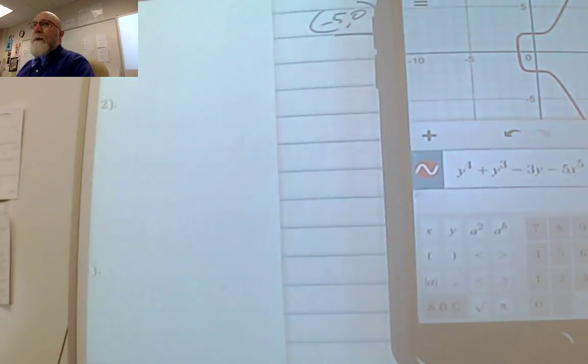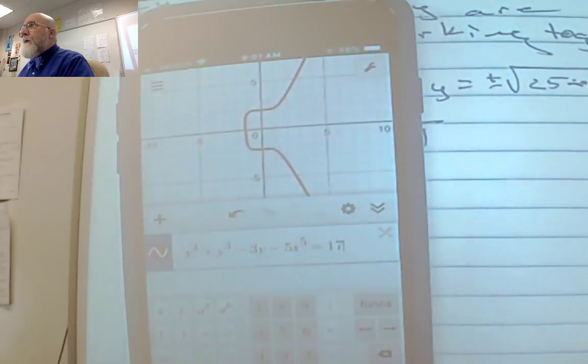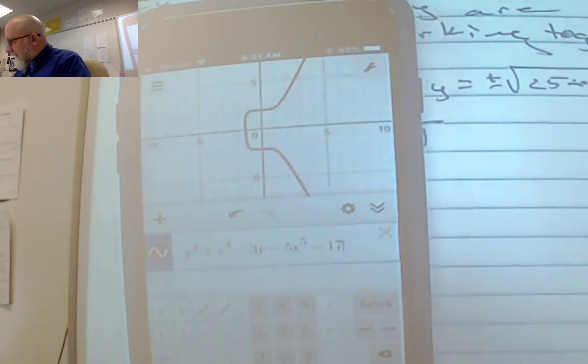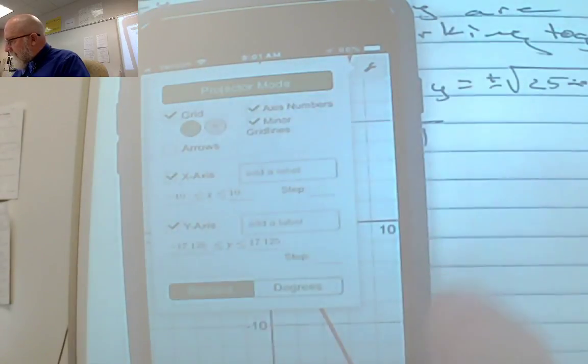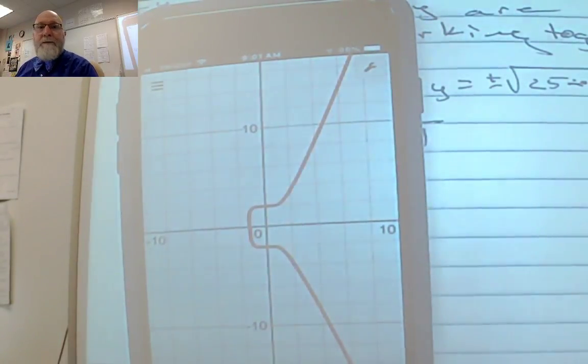So it allows me to enter an equation implicitly. And it looks like that.